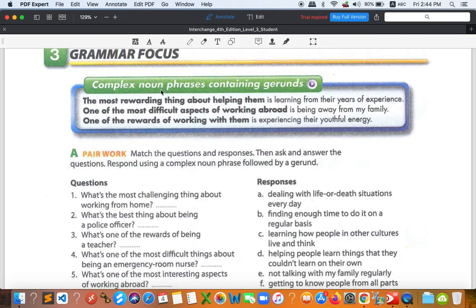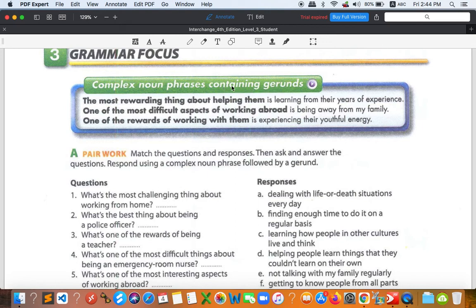The most rewarding thing about helping them is learning from their years of experience. So you see the bold one. Okay, so that is a noun phrase, but look at this. We have a lot of words combining together. So that is a complex noun phrase. And then that is considered to be a subject, and then this is a verb. Alright.